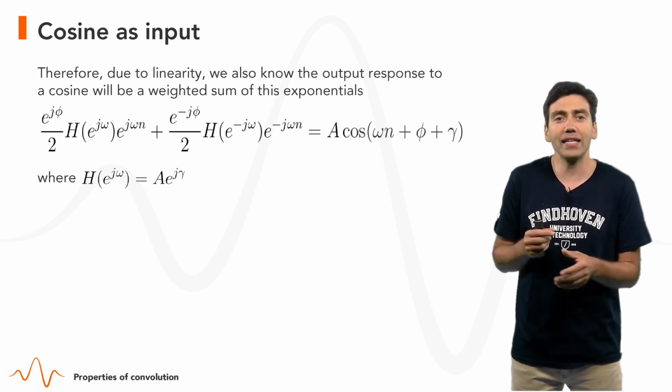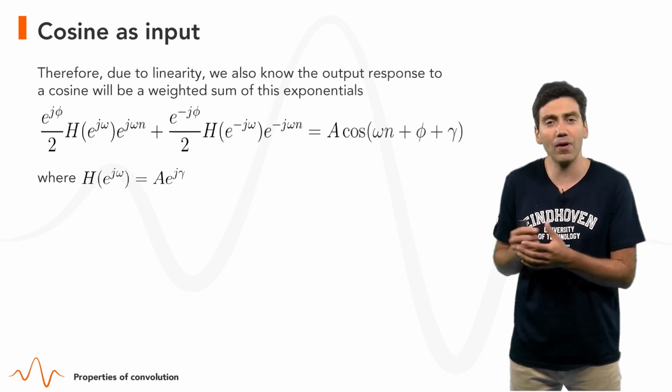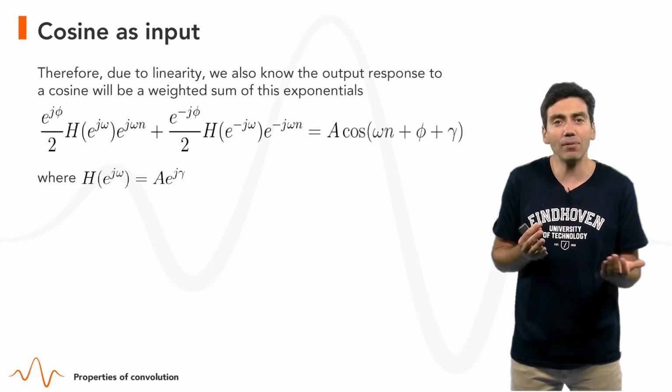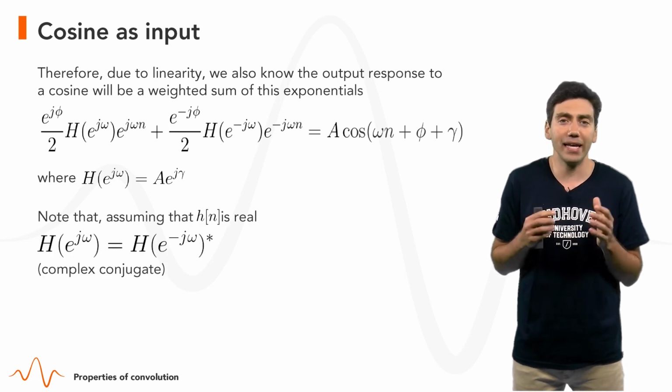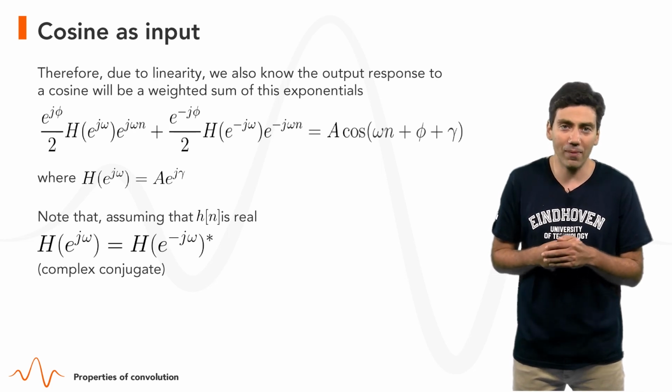Now, an important fact, that I will not prove here, it can be found in the lecture notes, is that capital H of e to the power of j omega is the complex conjugate of capital H of e to the power of minus j omega.